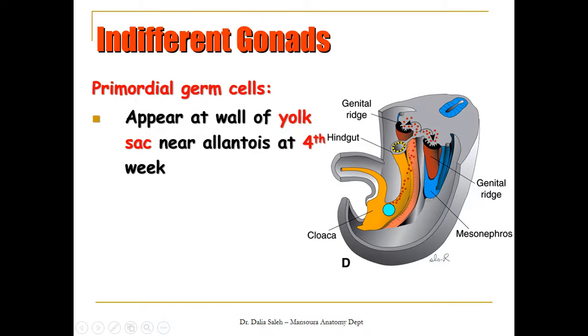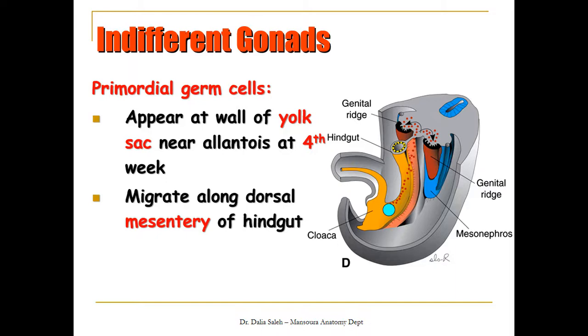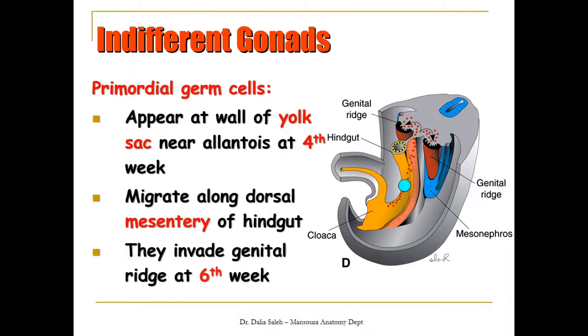They appear at the wall of the yolk sac near the allantois around the 4th week of development, and they migrate along the dorsal mesentery of the hindgut to reach the genital ridge and invade it around the 6th week of development and stimulate the genital ridge to form the indifferent gonads.